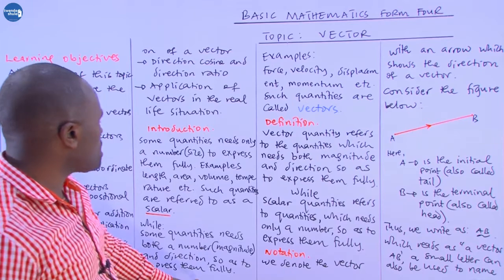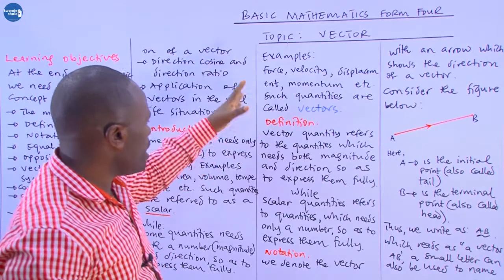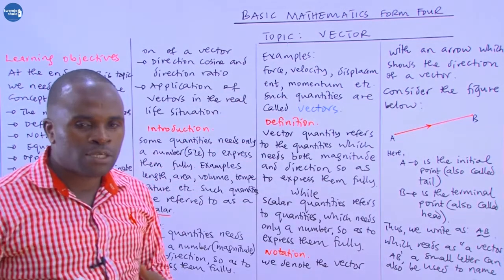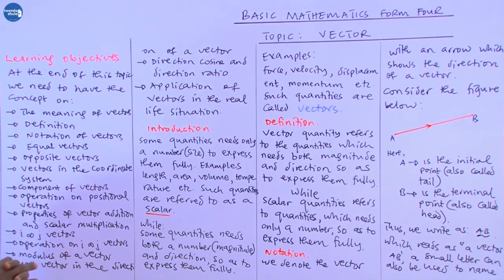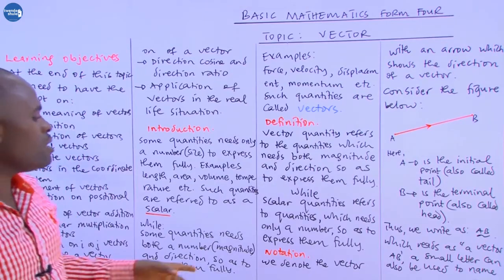Examples of vectors are things like force, velocity, displacement, momentum, which require magnitude and direction. So the definition: a vector quantity is that quantity which needs both magnitude and direction so as to express it fully. But quantities which need only numbers to be expressed fully, we call scalars.